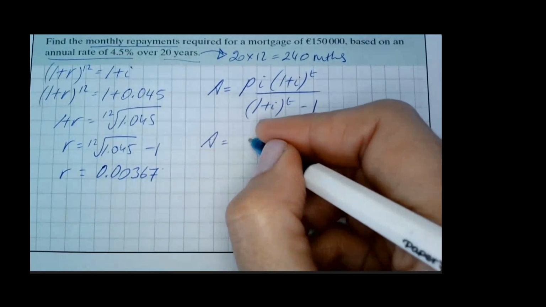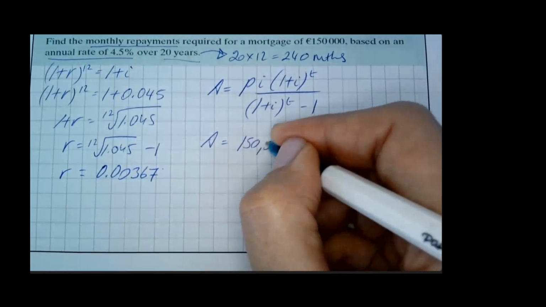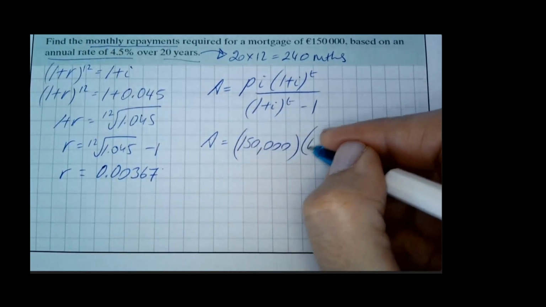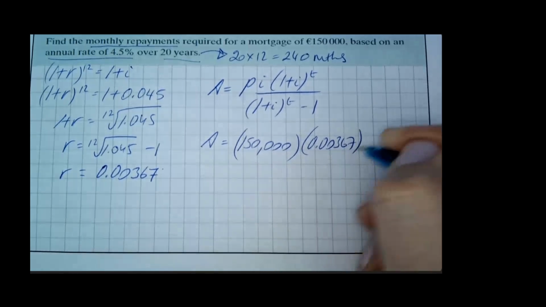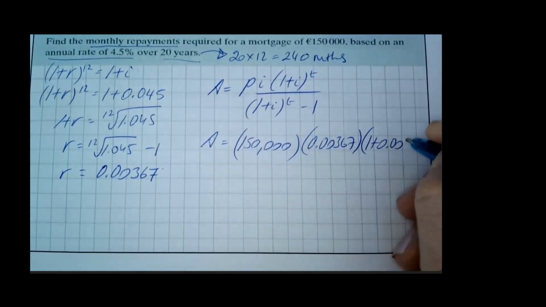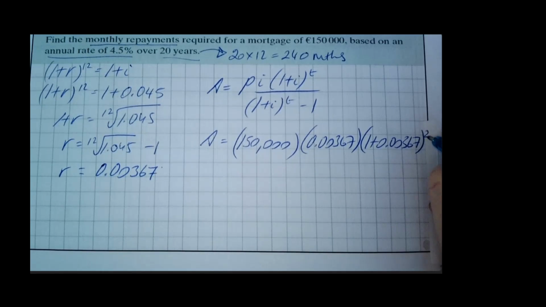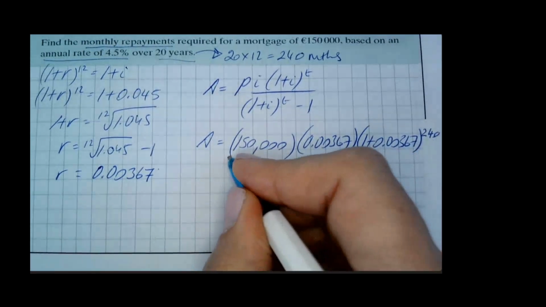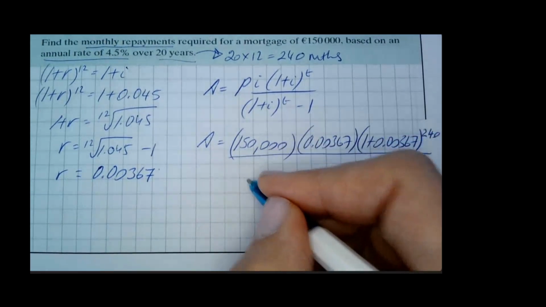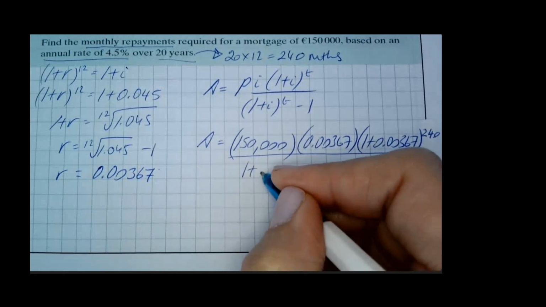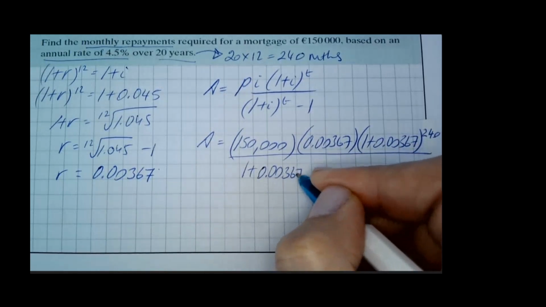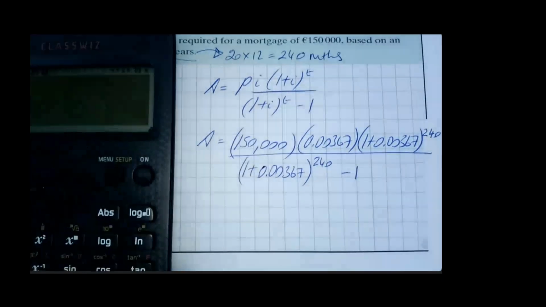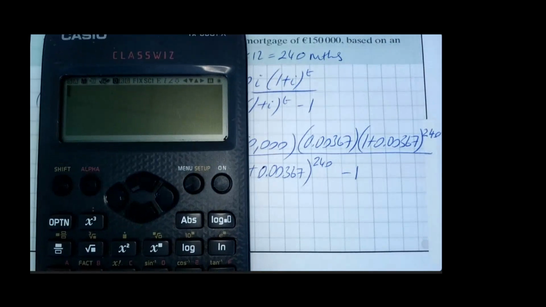So the repayment amount for a present principal amount of 150,000 is going to be... and again, we'll put it in a calculator and just be careful.